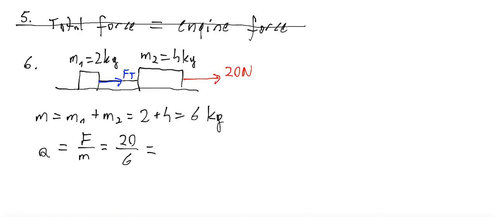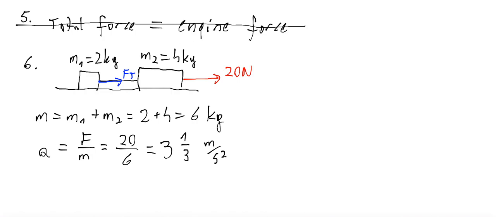This is 3 and 1 over 3 meters per second squared. I don't know why most of you wrote 3 and 2 over 3. Not 3.33, but 3.66. 20 divided by 6 is 3 and 1 over 3 meters per second squared.